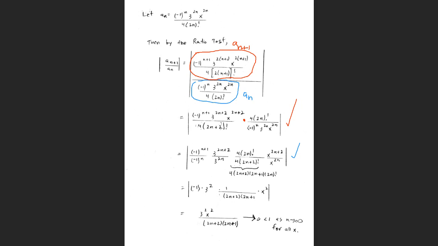So, okay. So now, how do we handle this 2n plus 2 factorial? This 2n plus 2 factorial comes from 2 times n plus 1. I write that as 2n plus 2 times 2n plus 1 times then 2n factorial.